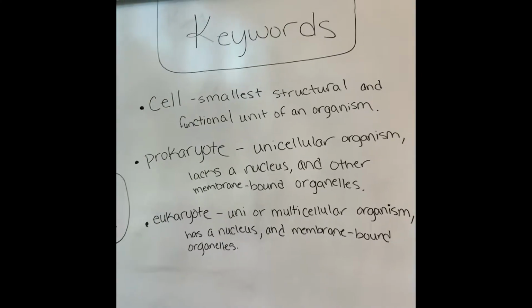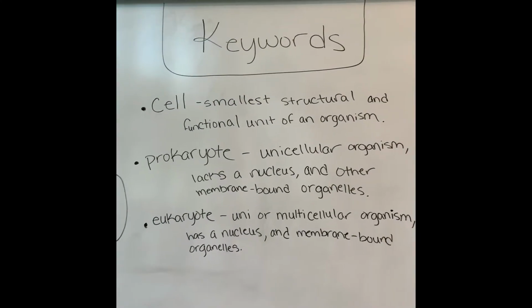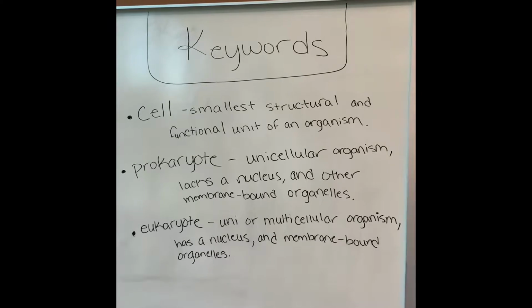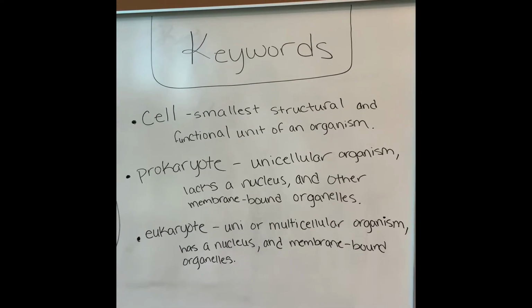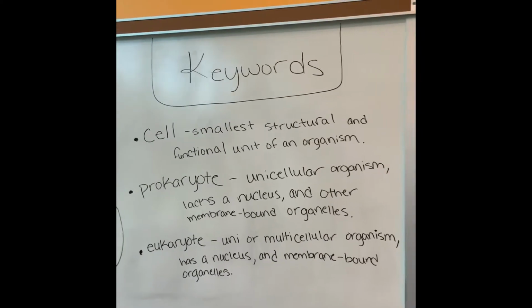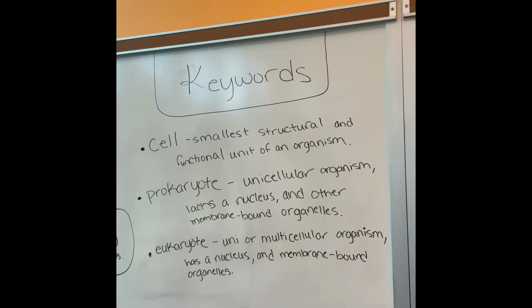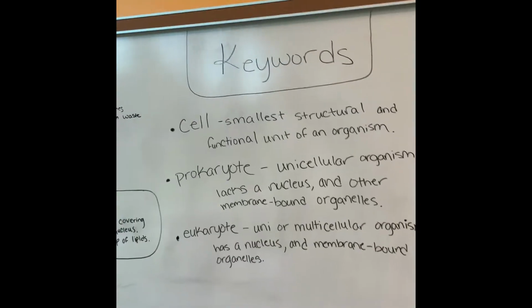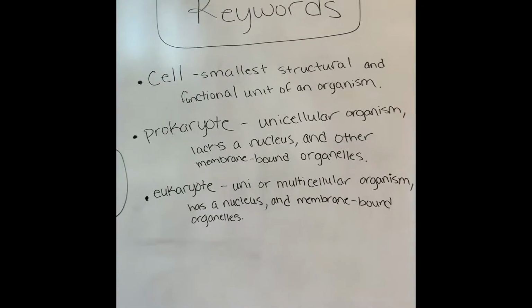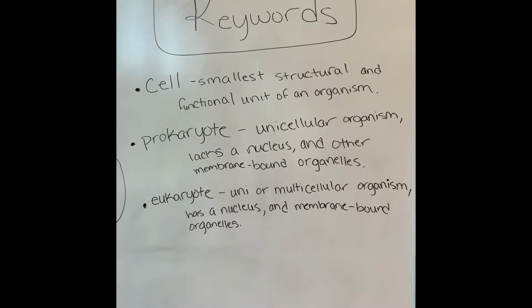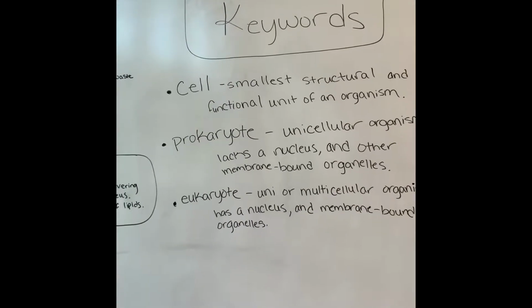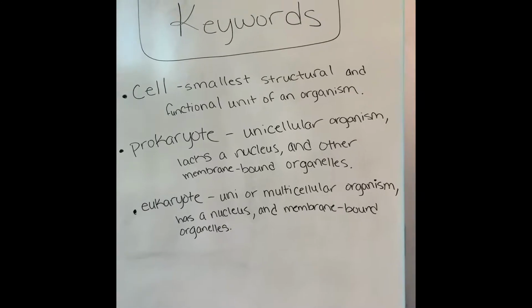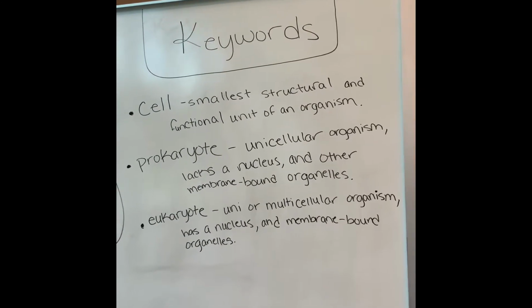Prokaryotes are one-cell organisms that lack a nucleus and other membrane-bound organelles. Eukaryotes can be one cell or multiple cells, and they have a nucleus and membrane-bound organelles.